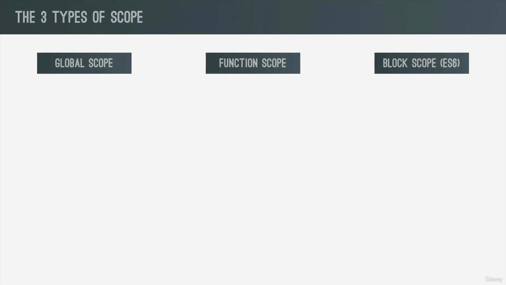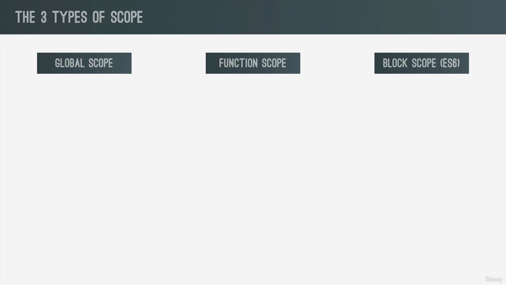Anyway, let's now talk about the three different types of scope in JavaScript. So that's global scope, function scope, and block scope. And remember, scope is the place in our code where variables are declared. And when I say variables, the exact same thing is true for functions as well, because in the end, functions are just values that are stored in variables.